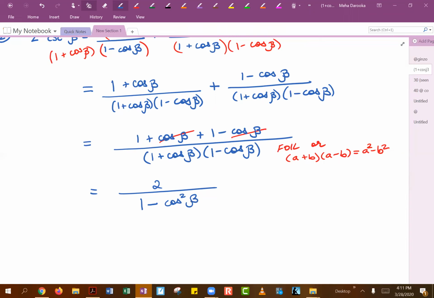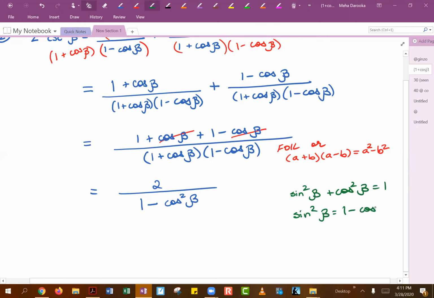And then this is where we're going to bring in our Pythagorean identity again. So remember, sine square beta plus cosine square beta equals 1. If I move my cosine square beta to the other side, you end up getting 1 minus cosine square beta. So you can use this identity to rewrite your denominator.